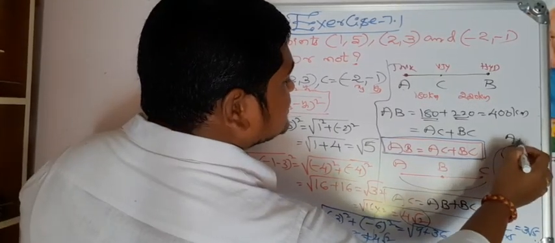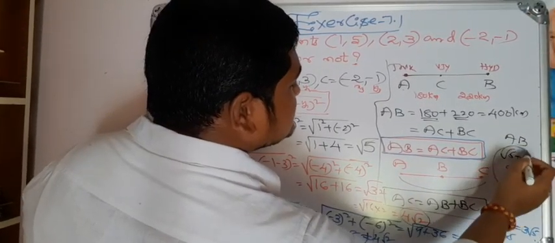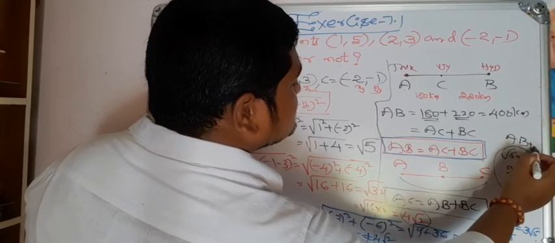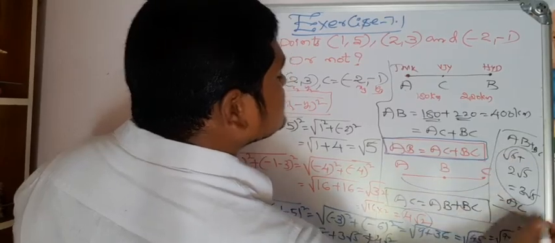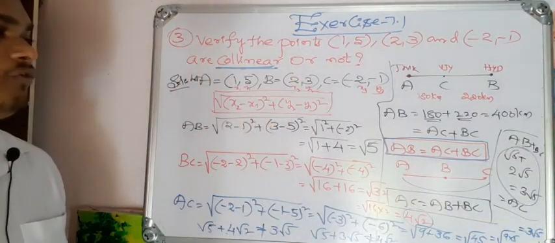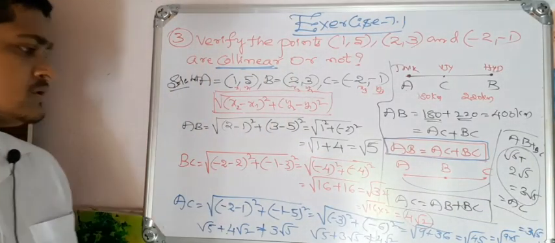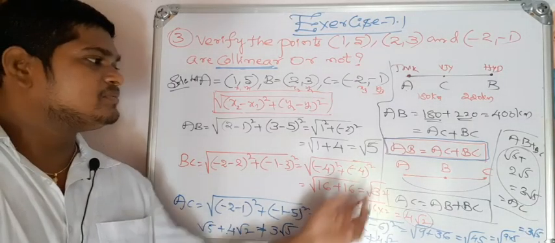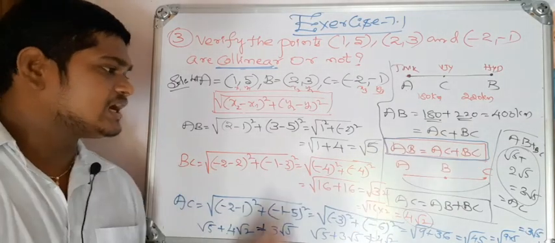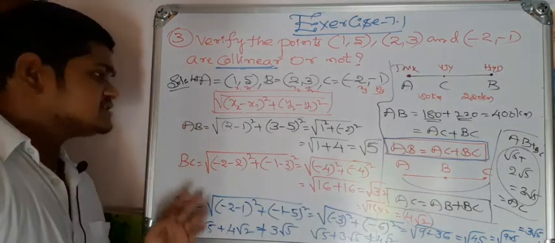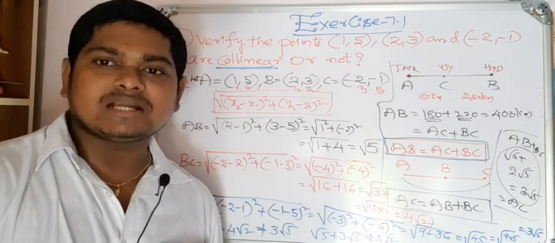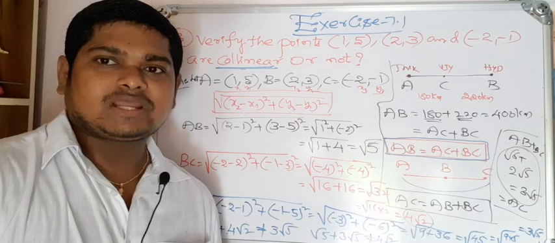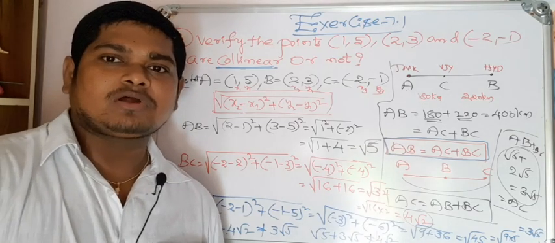That means for suppose this is the distance AB and this is the distance BC, and we get AB plus BC equal to AC, then we can conclude these points are collinear. But here there is no chance of getting AB plus BC equal to AC, or AB plus AC equal to BC. So we can conclude that the given points are not collinear. Okay, this is about the third problem.